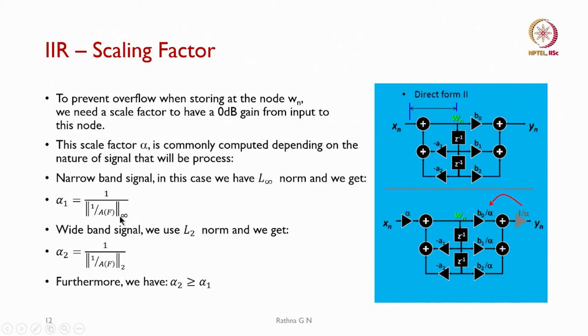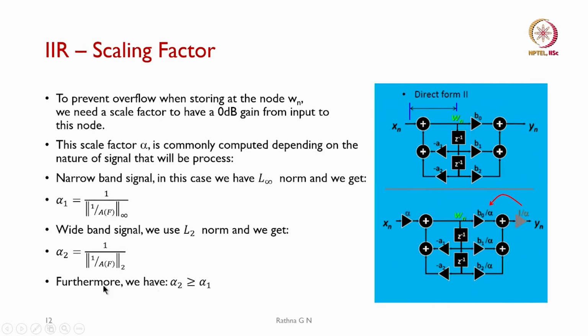If we want to process a wideband signal, we usually use the L2 norm. In that case, our alpha 2 scaling is going to be 1 by the L2 norm of 1 by A of f input signal.